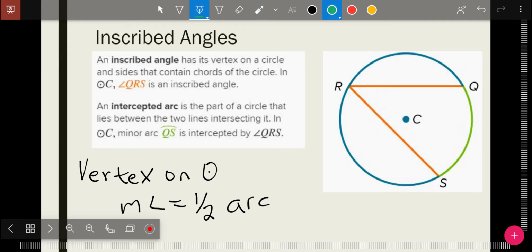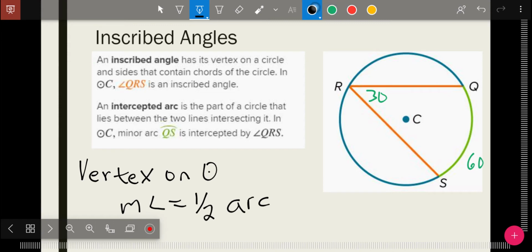So just quickly, if this was 60 degrees, then this would be 30 degrees. The reverse is also true. If you know the angle and it's on the circle, the arc isn't half, the arc is the reverse of half, or double, twice as big as the angle.